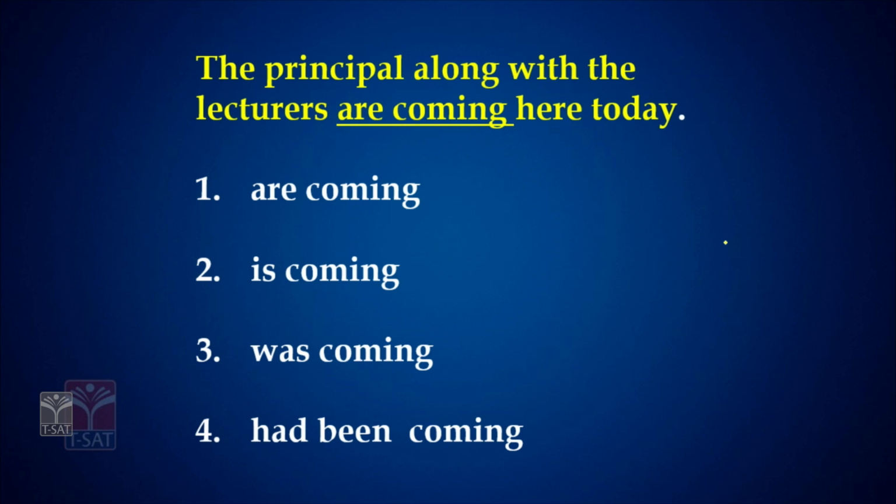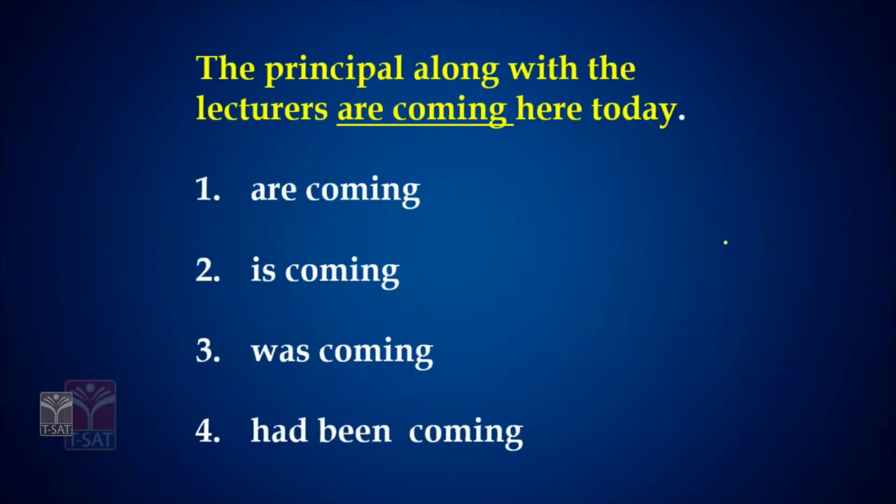And the principal along with the lecturers are coming here today. It is again the focus on the agreement. You can see the principal along with the lecturers. If I say the principal and the lecturers are coming here today, it is correct because the principal and the lecturers is marked for plurality, it has to agree with the plural.